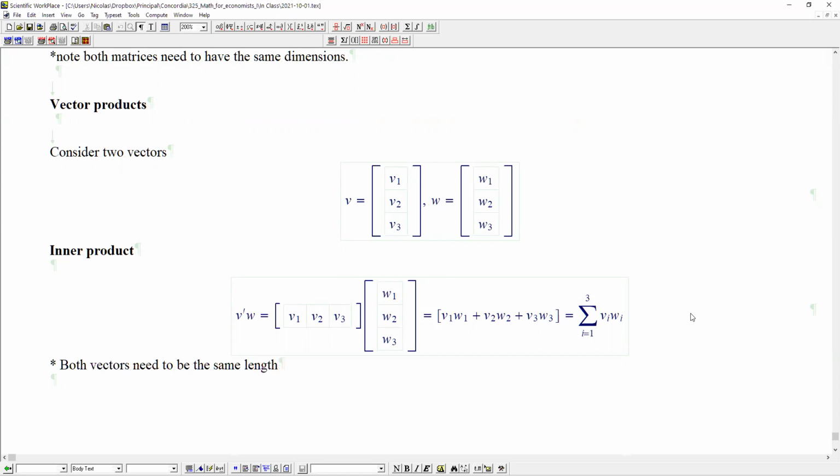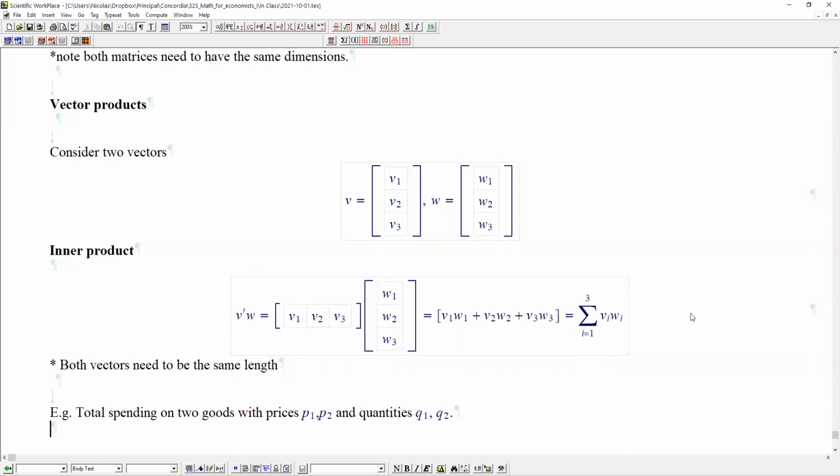So what would we use this for? Well, I could give you an economic example: total spending on two goods, with prices P1, P2, and quantities Q1, Q2. So how would I do that?